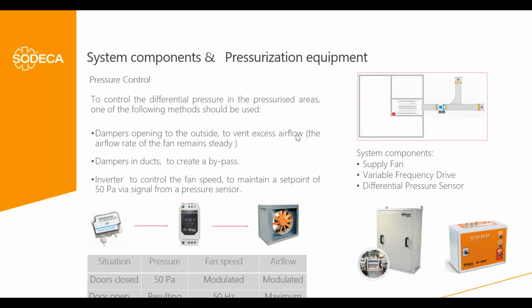Then the pressure sensor, due to this increase, says, okay, now I'm reading, let's say, 20 pascals, the inverter says, but I need 50, and continuously increases the velocity until it reaches maximum velocity, typically 50 hertz, and provides the maximum airflow.